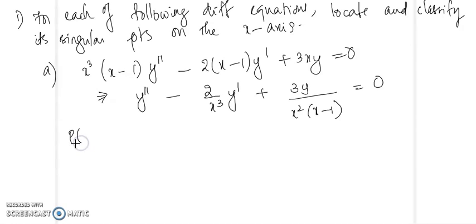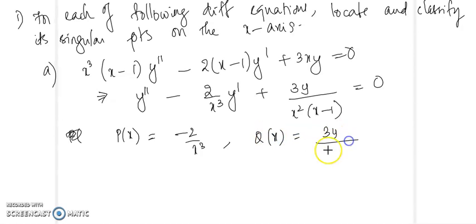So here p of x is minus 2 by x cubed and q of x is 3y by x squared into x minus 1. Clearly at x equal to 0 and x equal to 1, the functions are not analytic. So x equal to 0 and 1 are singular points.